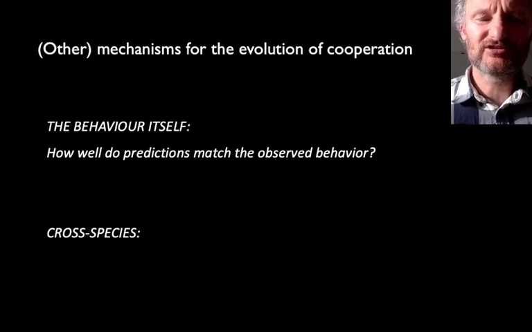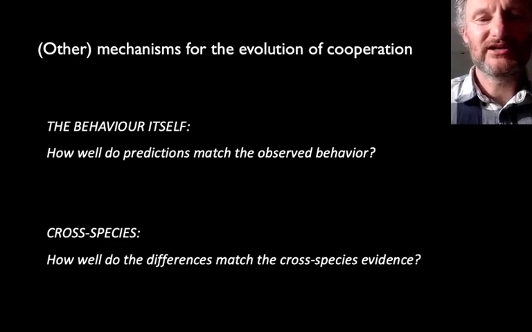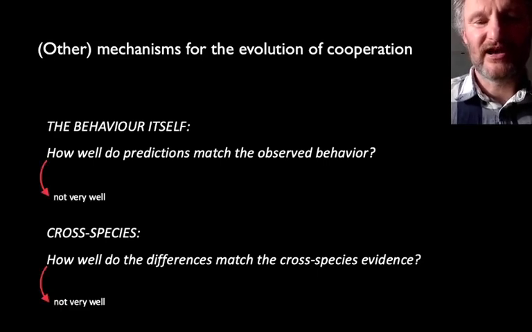And you can also look at different species and ask yourself the differences between population structure, between humans and, for instance, other primates. Do they match the differences in behavior? And it turns out that for both of them, the answer is that they don't match very well.